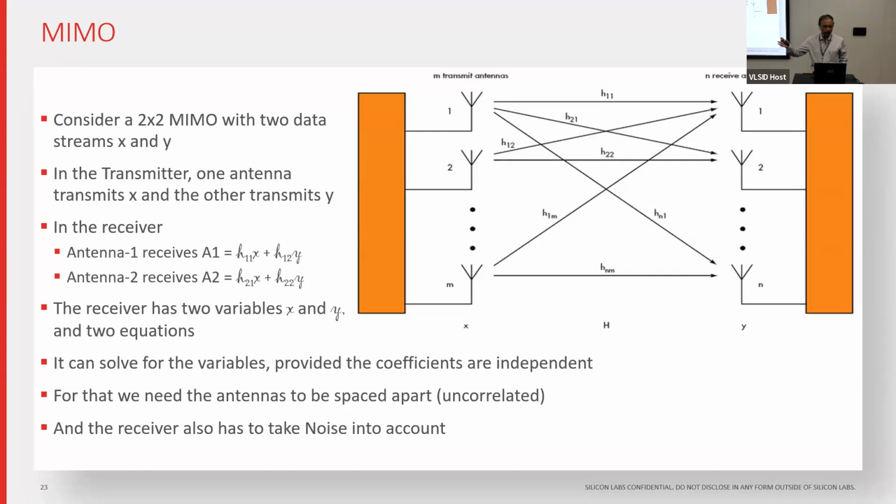The coefficient means that the signal is altered in amplitude and phase, plus noise is added. So here receiver 1 gets H11 X plus N1. Receiver 2 gets H21 X plus N2. The important thing is that this H11 should be different from H21, because the antennas are physically separated by a little bit. So the signals are not altered by the same amount, their coefficients are different.